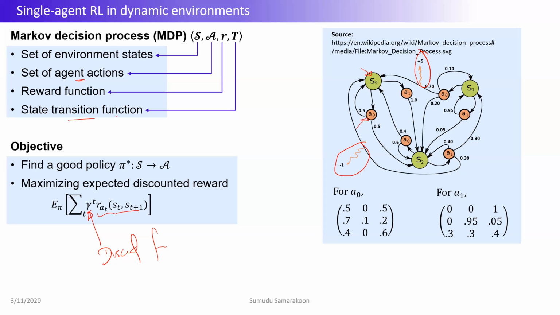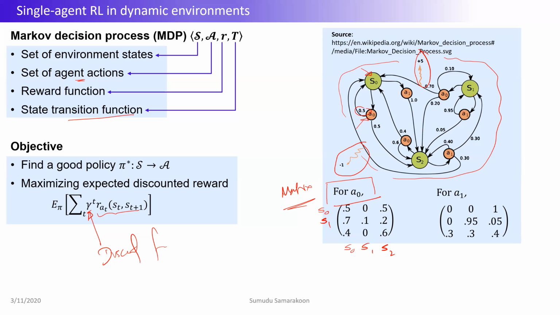So we can say this is a graphical representation of the state transition function, or we can consider the matrix form of the state transition function. Let's say for action A0, changing from state 0 to state 0 has 50% probability. From state 0 to state 1, there is no chance, so 0 probability. And from state 0 to state 2 is 50%.